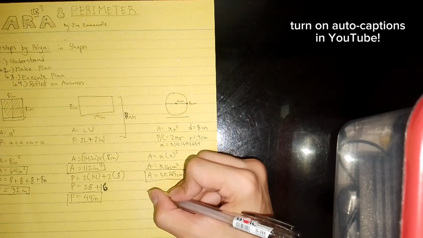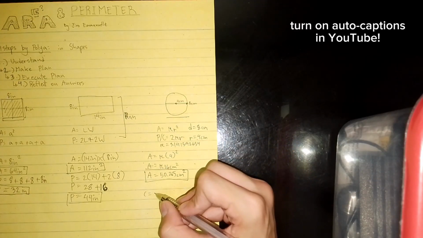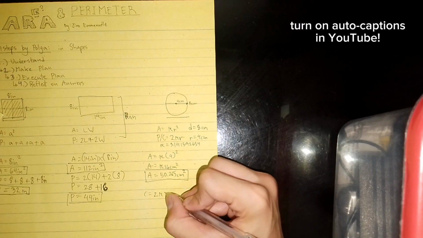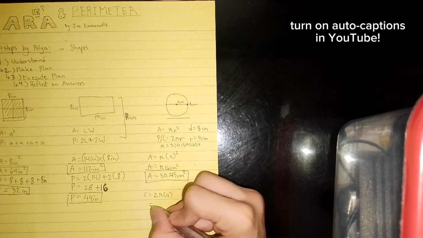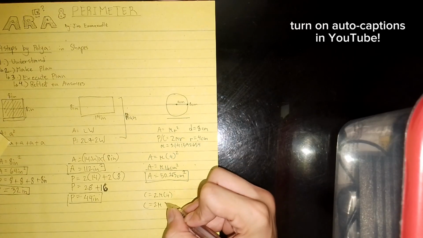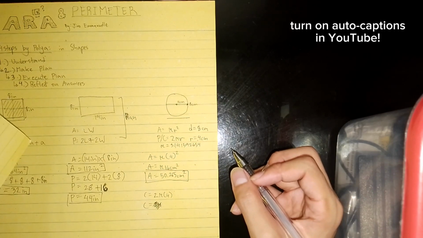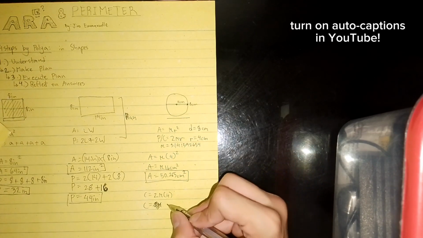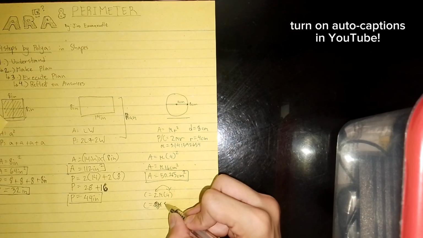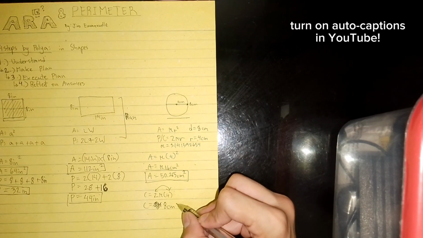Now for the perimeter or the circumference of the circle, it's going to be 2 pi times 4 centimeters, so the value is going to be 8 centimeters multiplied by pi.